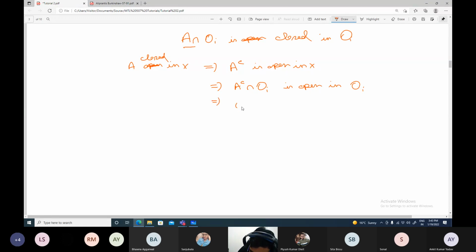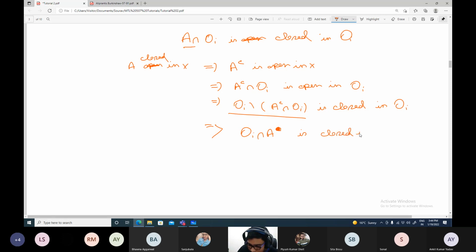Therefore its complement, O_i minus A complement intersection O_i, is closed in O_i. What is this one? This is the same as O_i intersection A, is closed in O_i. Okay, this one is simple.